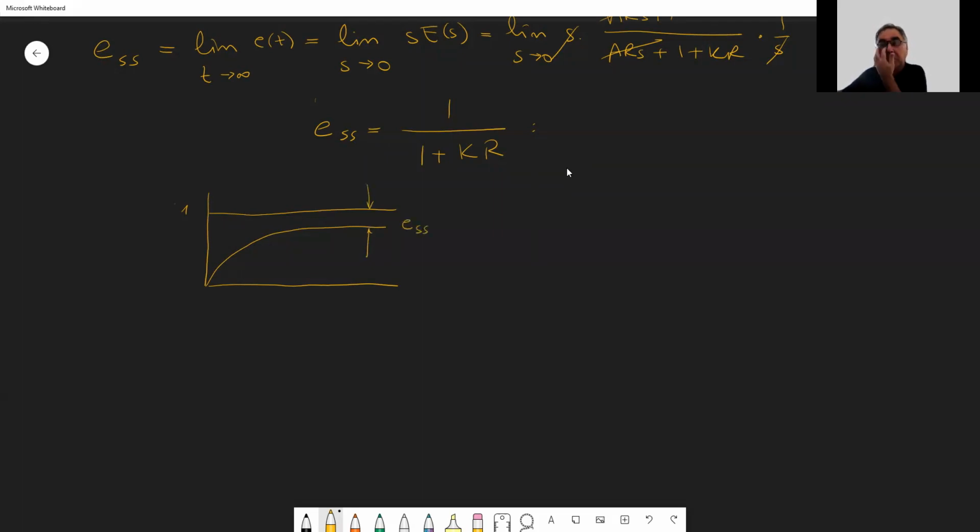So as you increase the controller gain, as K increases, the steady state error goes down, but it is never made exactly 0, as you see here. In order to make it 0 in this example, you have to do something else. And what you should do to do that, we will see in the next lecture. Okay, let's stop here for now.